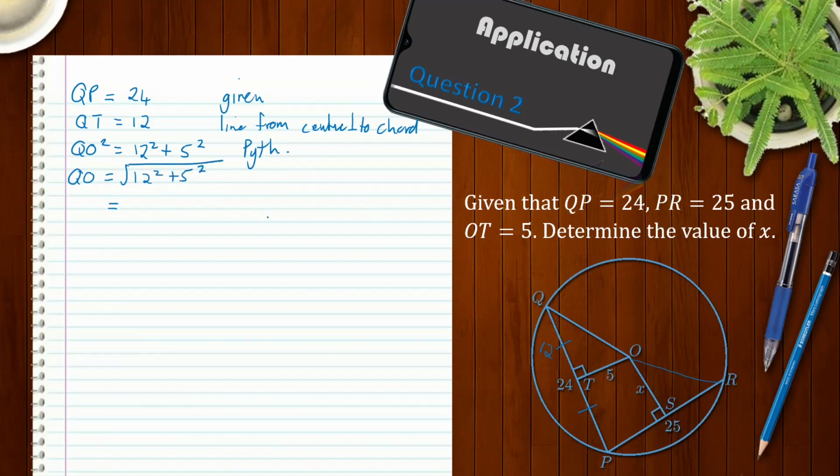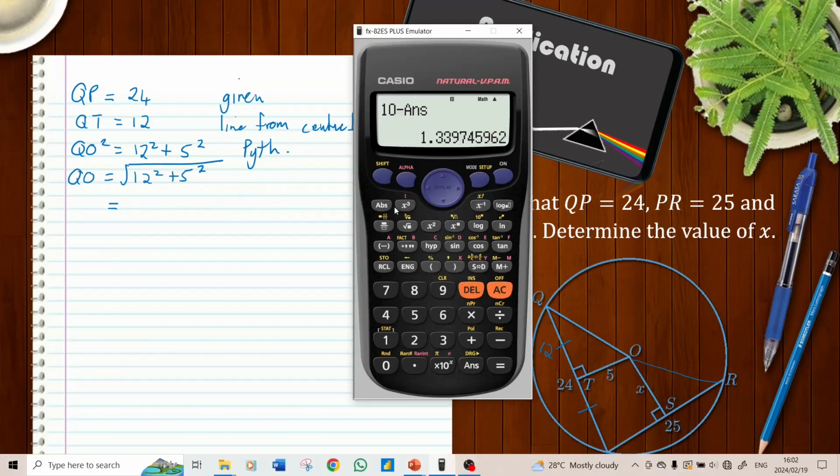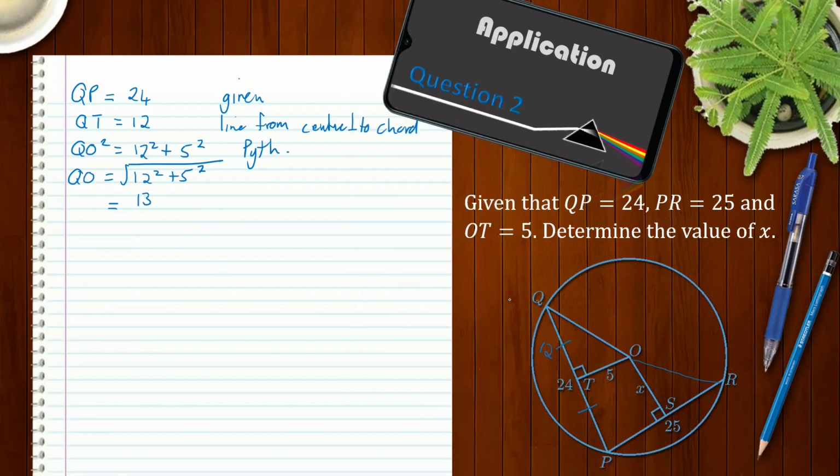Okay, and then put that onto the calculator. So square root 12 squared plus 5 squared is equal to 13. Okay, so if this is 13, then this is also 13 because of the radius. So OR is 13.